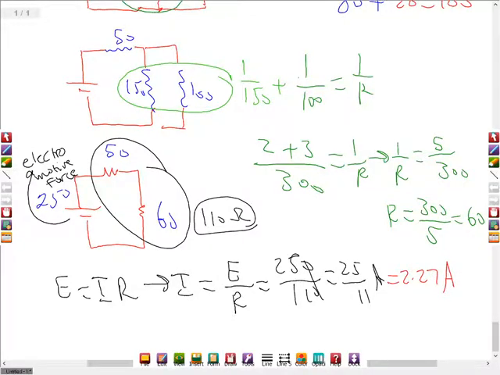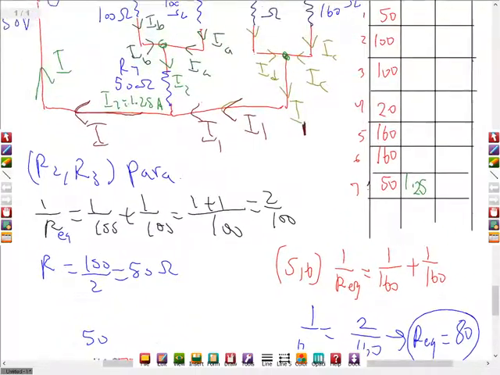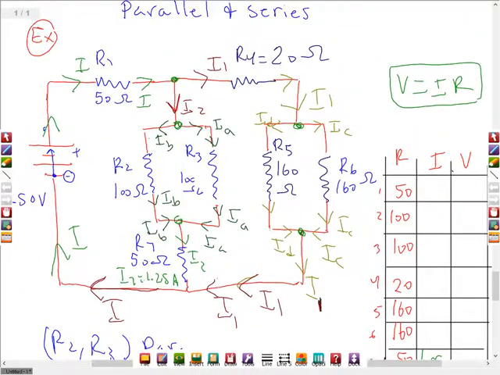Then let us go back. This 2.27 ampere goes to R1. R1 has 2.27 ampere. Good.